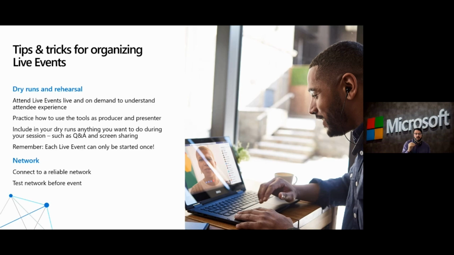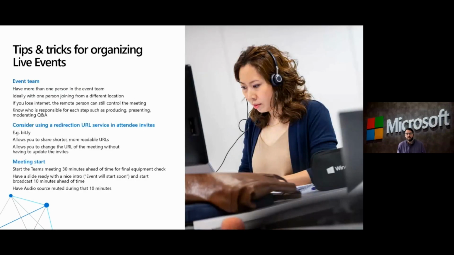There are some other best practices I'm about to give you, namely the one that I love, which is the second one on this page, considering using a redirection URL. You'll notice that we will use aka.ms at Microsoft. The reason we use this is that if something ever happens to the original meeting URL, we can obviously switch it out quickly, unbeknownst to you, so that you're not impacted.